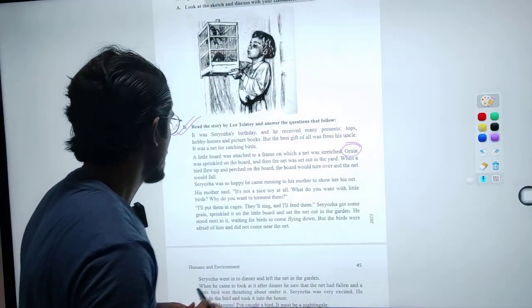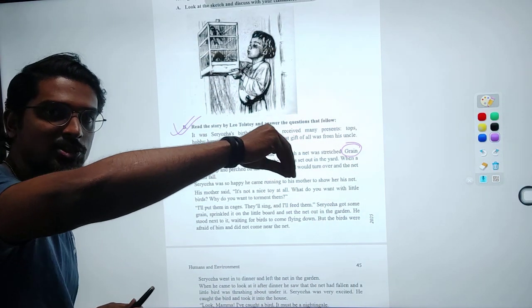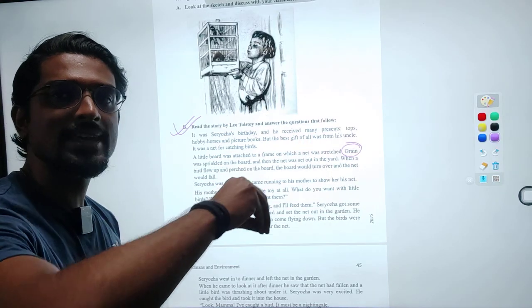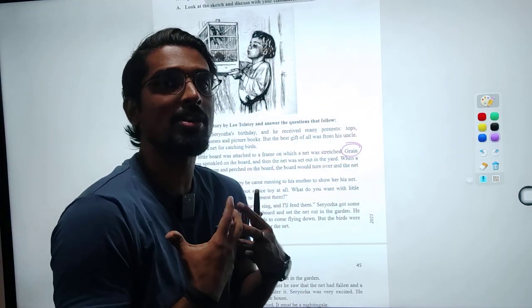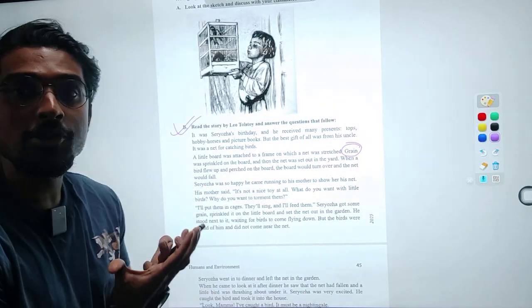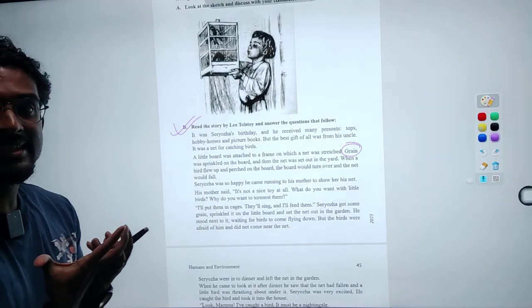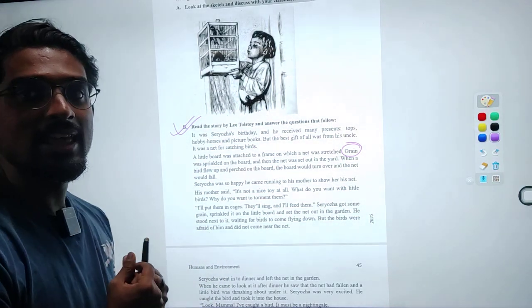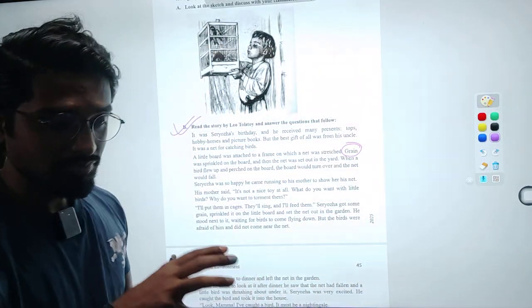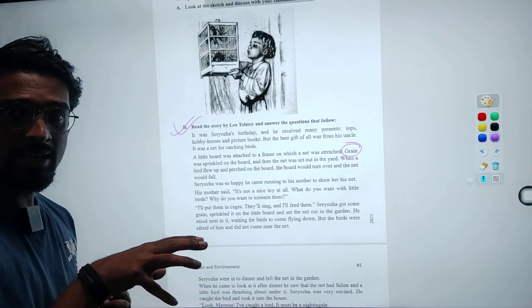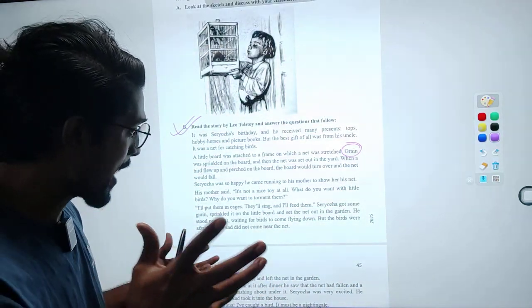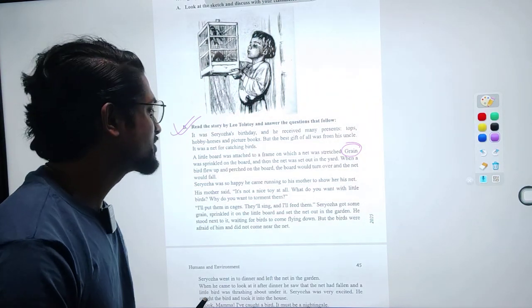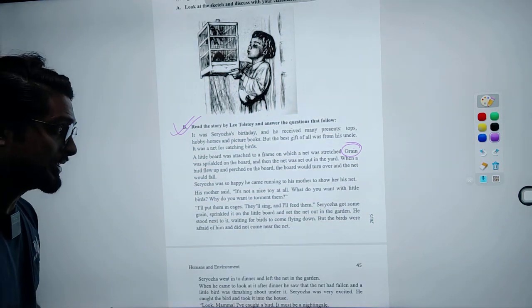Grain was sprinkled, meaning scattered, so that the birds got attracted, allured by the tasty and delicious grain. And when they try to eat, they will fall in a trap. And then the net was set out in the yard.